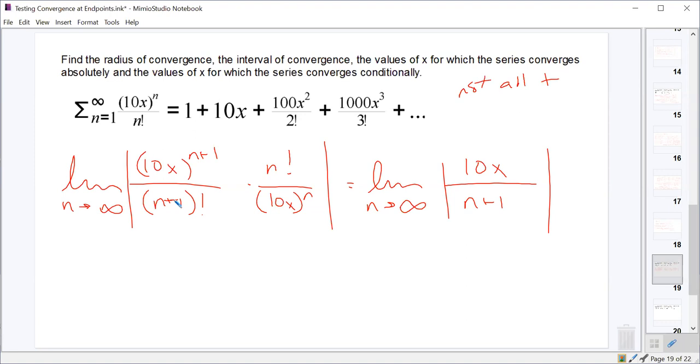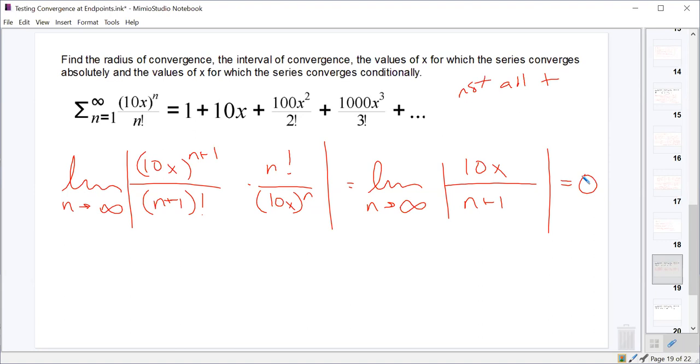Okay. So we have absolute value of 10x over n plus 1. Well, as n goes towards infinity, what does that equal? Should be, no matter what x is, should equal 0.